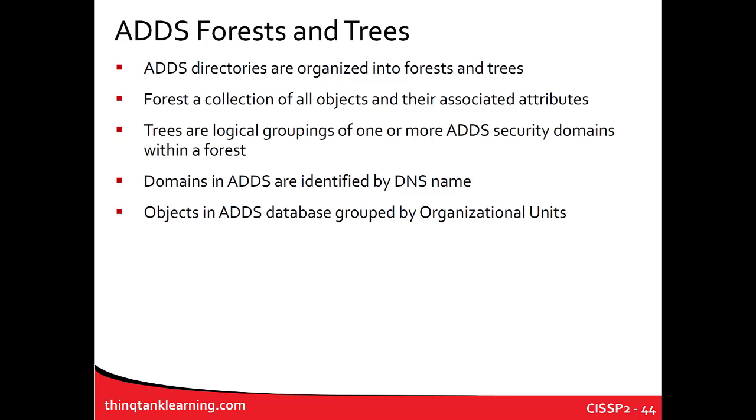So let's say you're designing an ADDS for a multinational enterprise. We would create a single forest to maintain the schema for that enterprise and the trust boundary. And then each region, like USA.thinKtanklearning.com, Asia.thinKtanklearning.com, those become a domain within the tree.